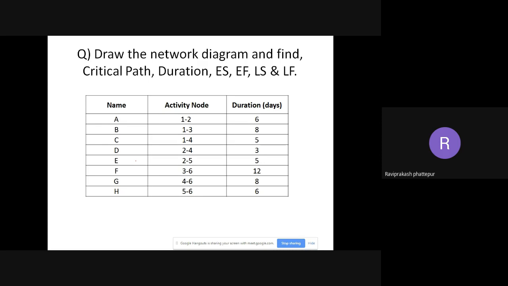Yeah, students, done with taking down the question? Okay, you're done. Well and good.